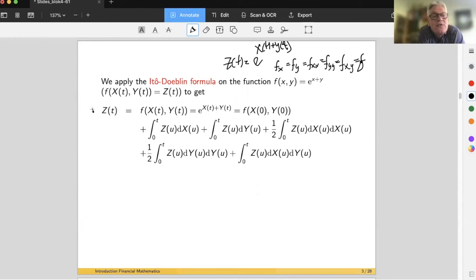Zt is equal to f of Xt and Yt, and that is, in this case, e to the power Xt plus Yt.